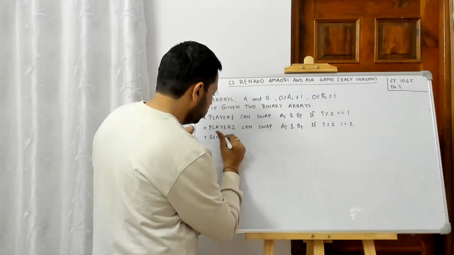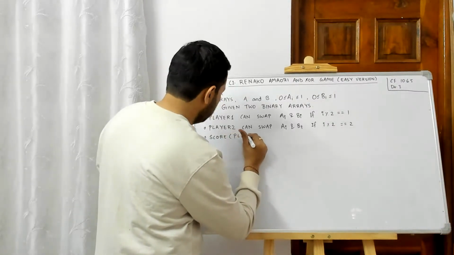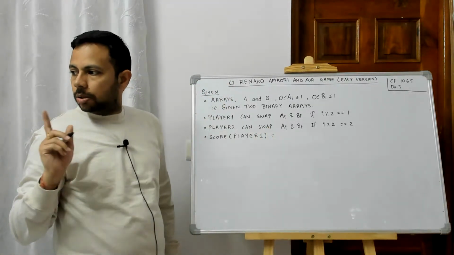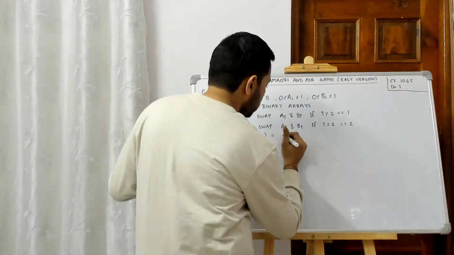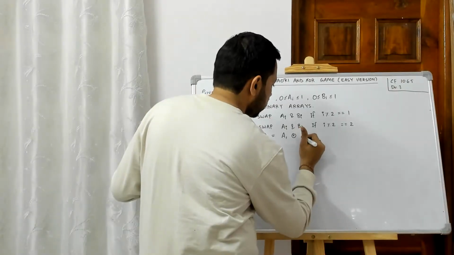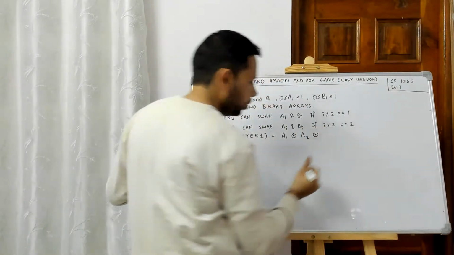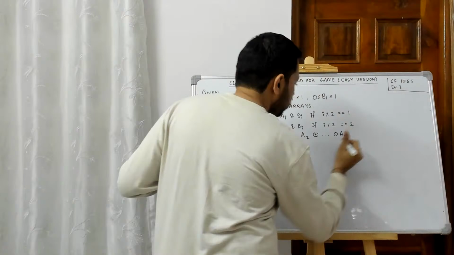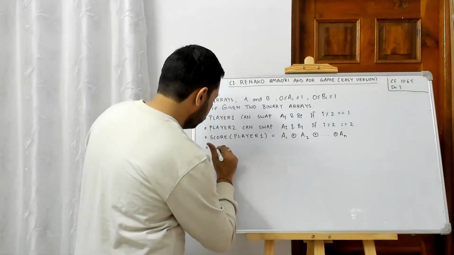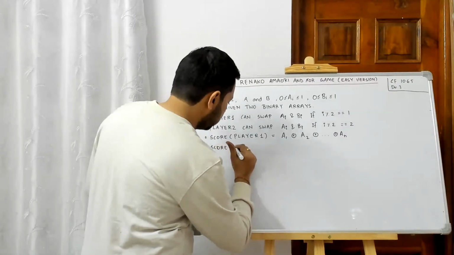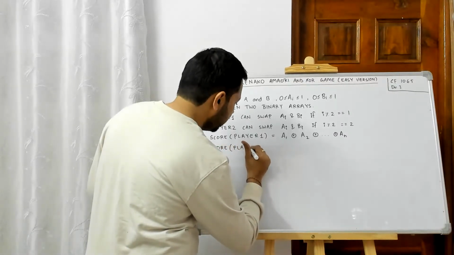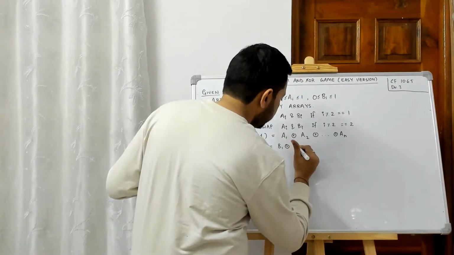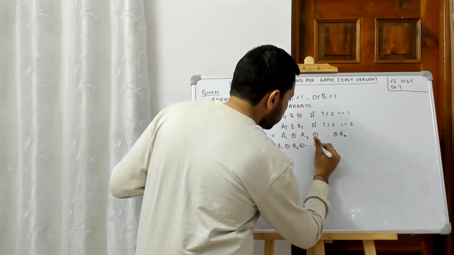the score of player 1 is equal to A1 XOR A2 XOR till XOR An, and score of player 2 is equal to B1 XOR B2 XOR Bn.